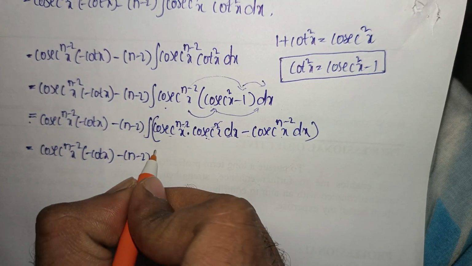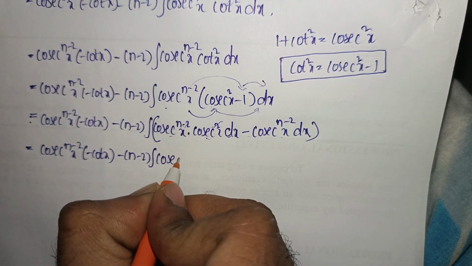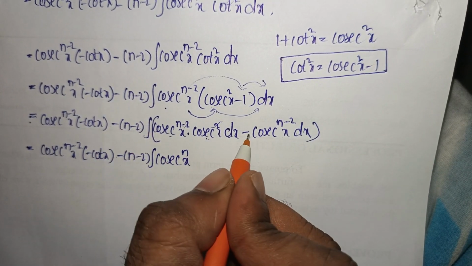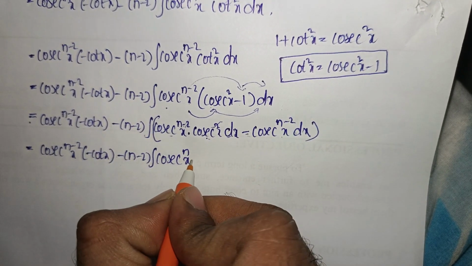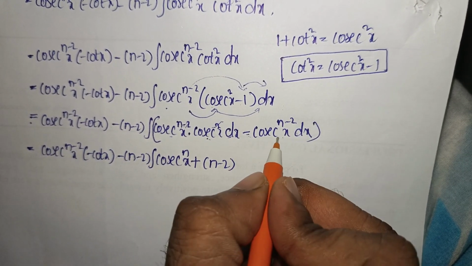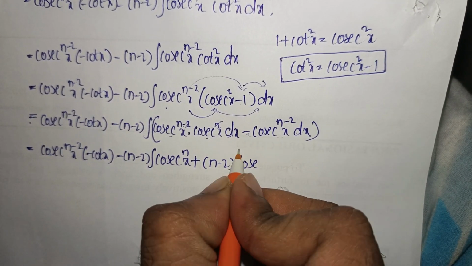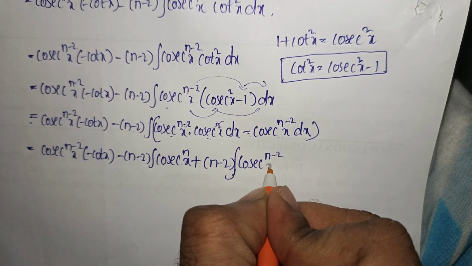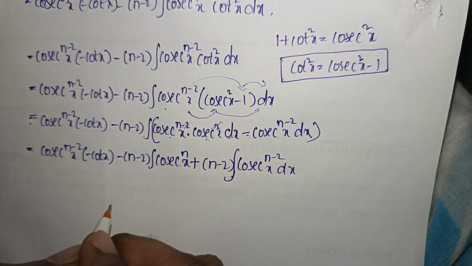What we get here is cosecant to the power of n x, and minus into minus gives plus, n minus 2 integration of cosecant n minus 2 x dx.